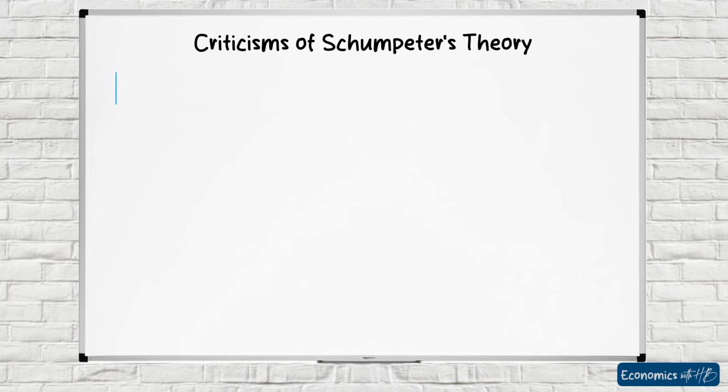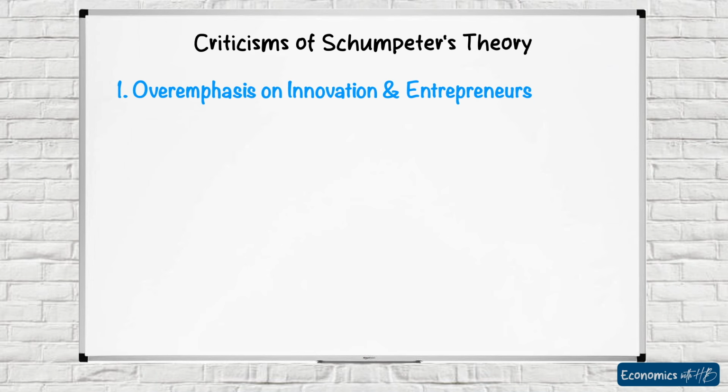See how. First and foremost is the overemphasis on innovation and entrepreneurs. Schumpeter considers entrepreneurs and their innovations as the main drivers of development. However, economic development also depends on various other factors which he does not consider sufficiently.